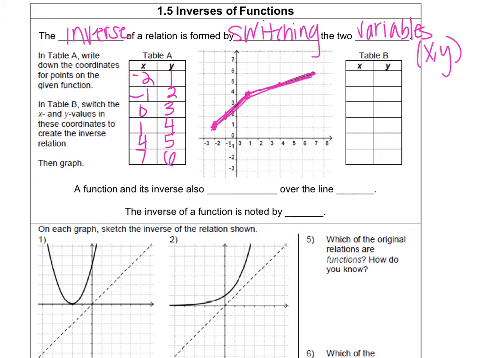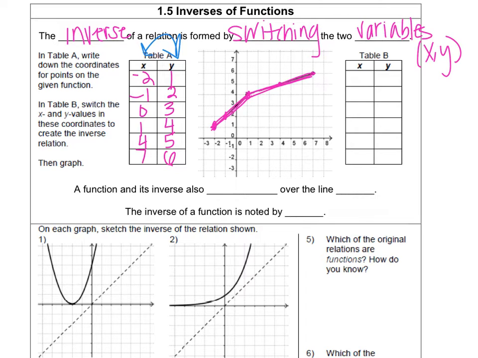Now we're going to find the inverse of this function. So remember, inverse is just like opposite, okay? Like the inverse of multiplying is dividing. The inverse of adding is subtracting. So we're going to find the inverse of this function by switching the x and the y variables. So let me find a different color here. I'm just going to switch the spots of the x and the y.